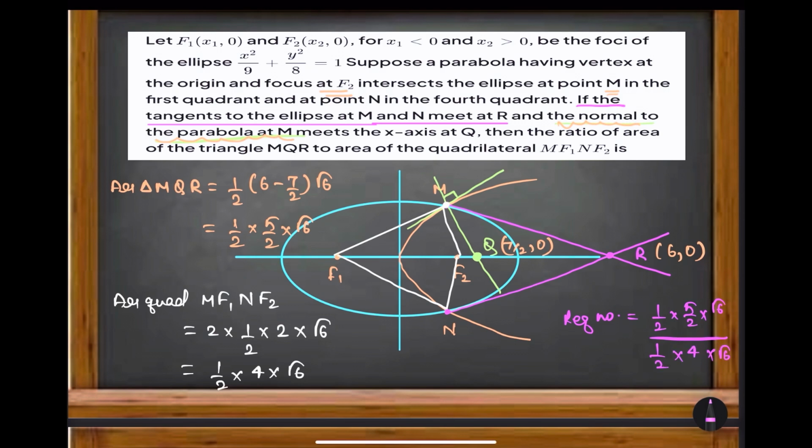Now look at this. 1 by 2, 1 by 2 gone. Root 6 gone. So can I say it is 5 by 8? So the required ratio is 5 by 8. I hope the idea is clear. Yes, it was complicated, but in advance this deserves.